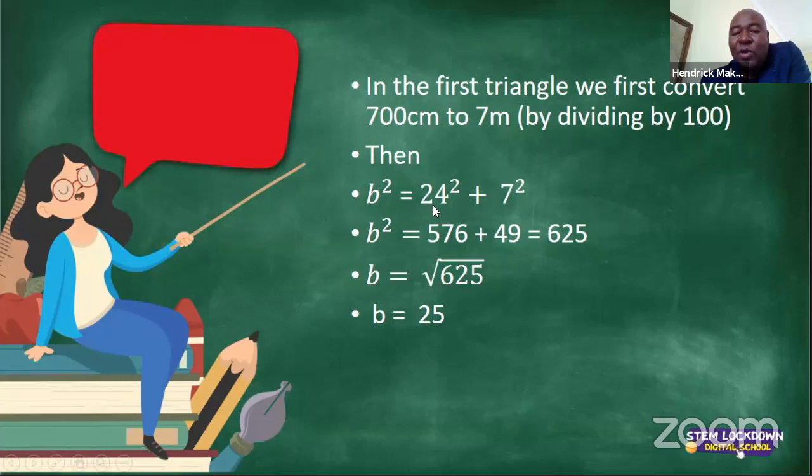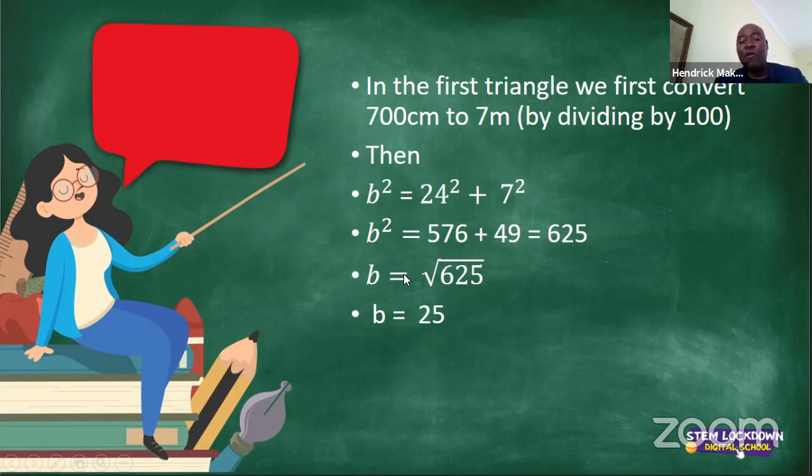If you multiply 24 by 24, you get 576, and if you multiply 7 by 7, you get 49. Thereafter, you add the two together to get 625. Remember this is still b squared. So b squared is equal to 625.